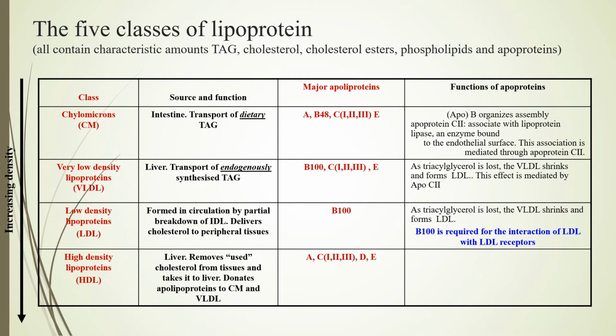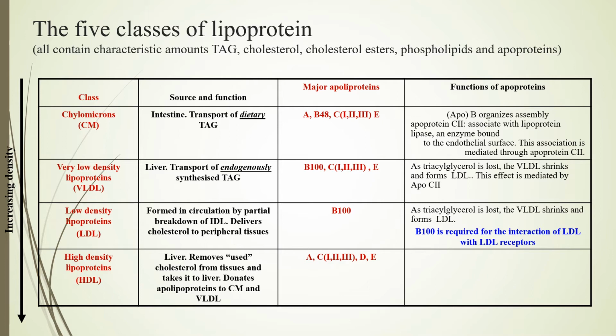And as an example of their functions, apoprotein B48 serves for the assembly of apoproteins and lipids, and apoprotein C serves as an activator of enzymes and metabolism of this type of lipoprotein.